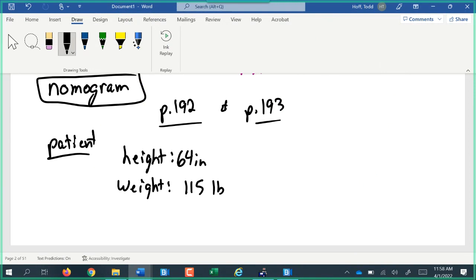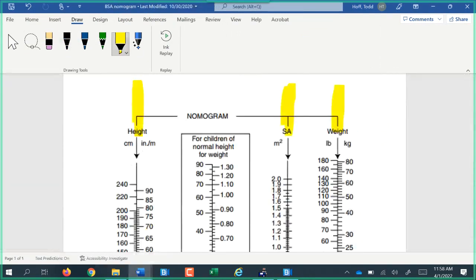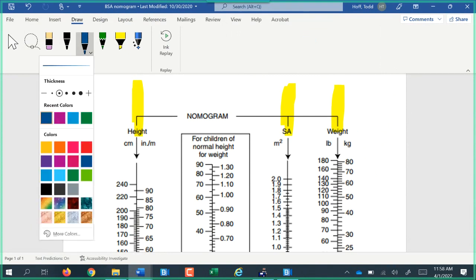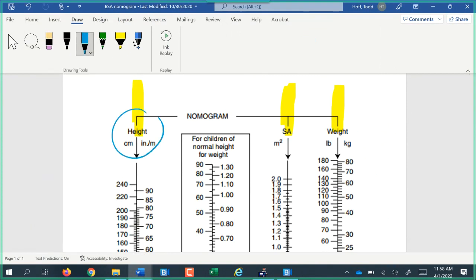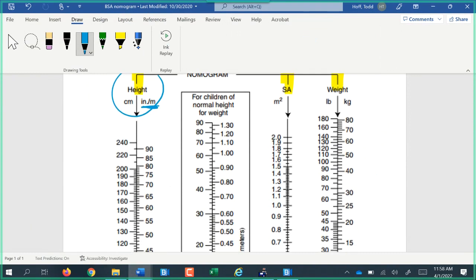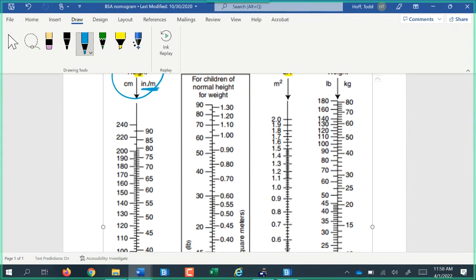So we go to the nomogram. We need to find the 64 inches in height. So height is over here. Inches are on this side here. We're going to find the 64 inches. 64 is right there.